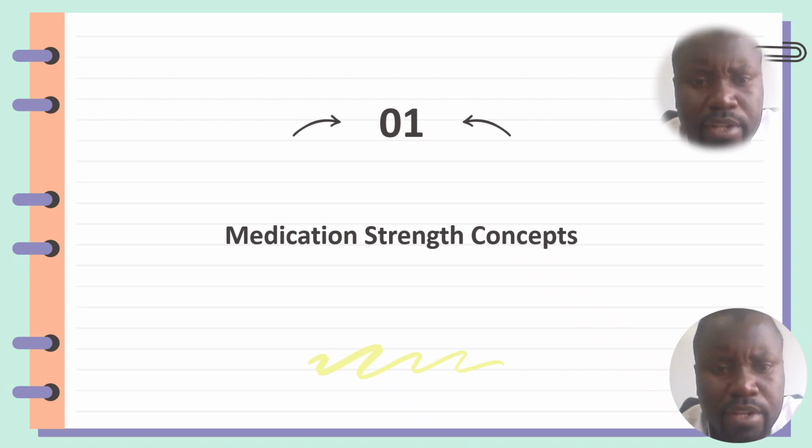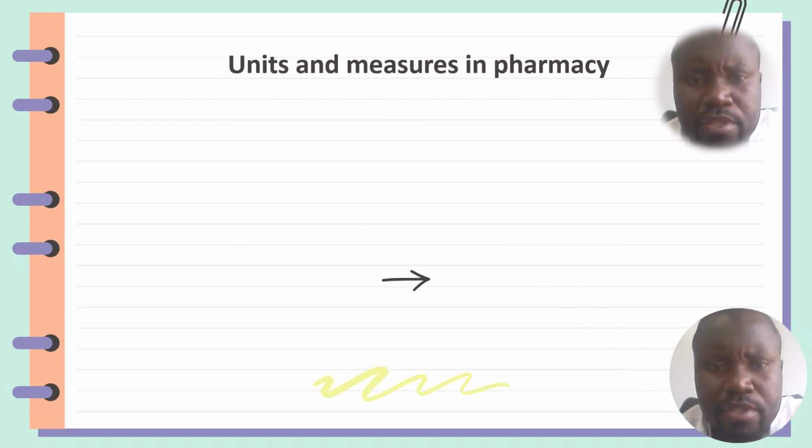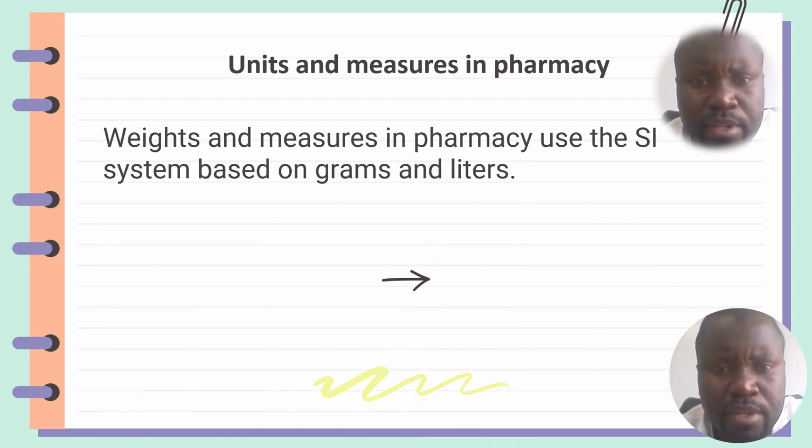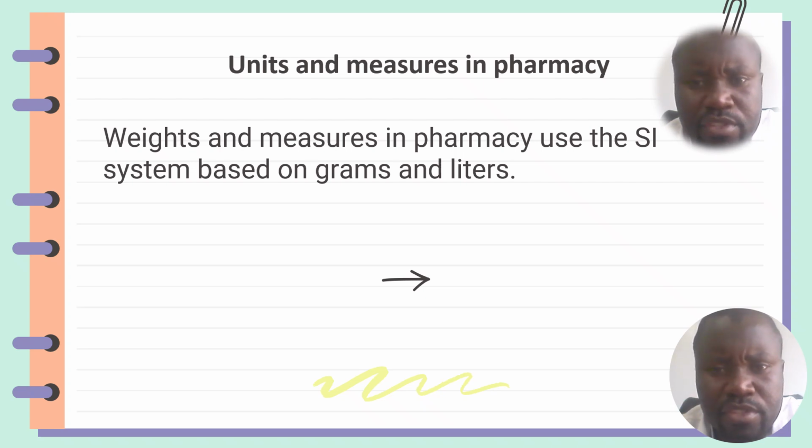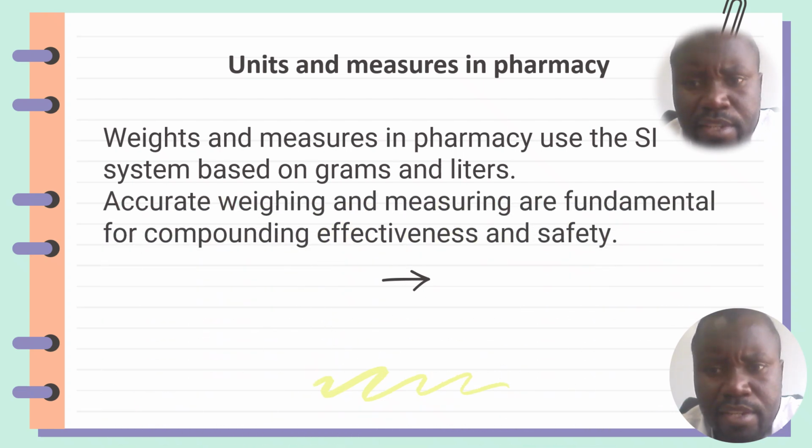Quickly, medication strength concepts. We begin with units and measures in pharmacy. Just to remind ourselves, weights and measures in pharmacy use the standard international system based on grams and liters.